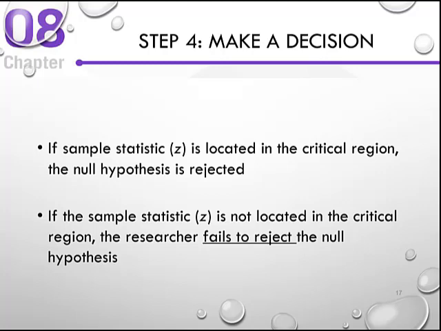So we're actually not talking about, oh, it's not true or it's true. We either reject a null hypothesis or we fail to reject a null hypothesis. And you can note again that we never really talk about our research hypothesis. Everything is worded in terms of the null hypothesis. If it is located in the critical region, the null hypothesis is rejected. If it is not located in the critical region, the researcher fails to reject the null hypothesis.